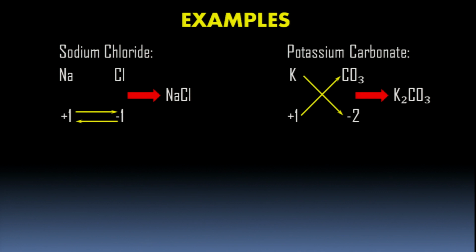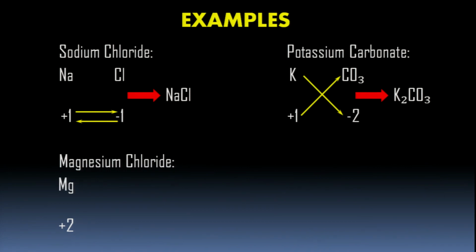Children, a question may arise in your mind: why not -2? These plus and minus signs we are using just to denote whether they are anions or cations. You are not supposed to use this minus or plus sign while writing the formula. On the crisscross method, K has got 2, so 2 is to be written with K and 1 is to be written with CO3. Okay.